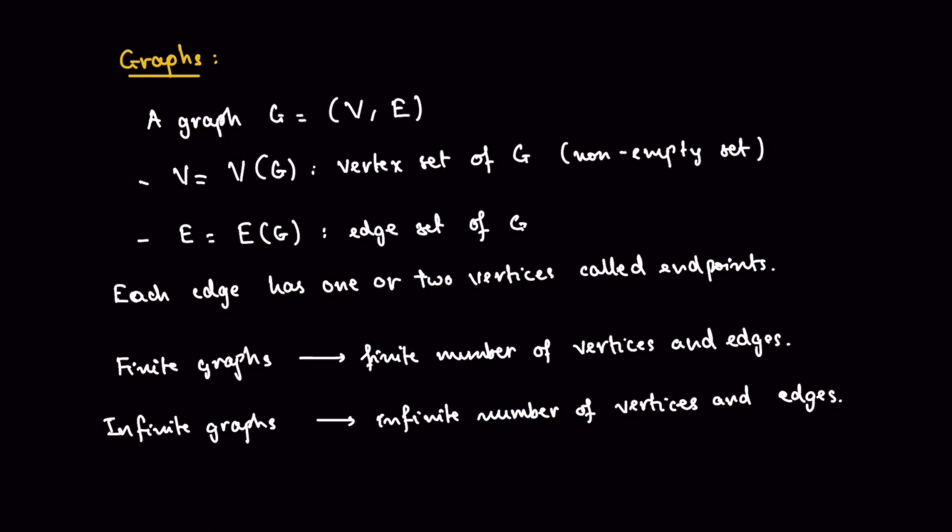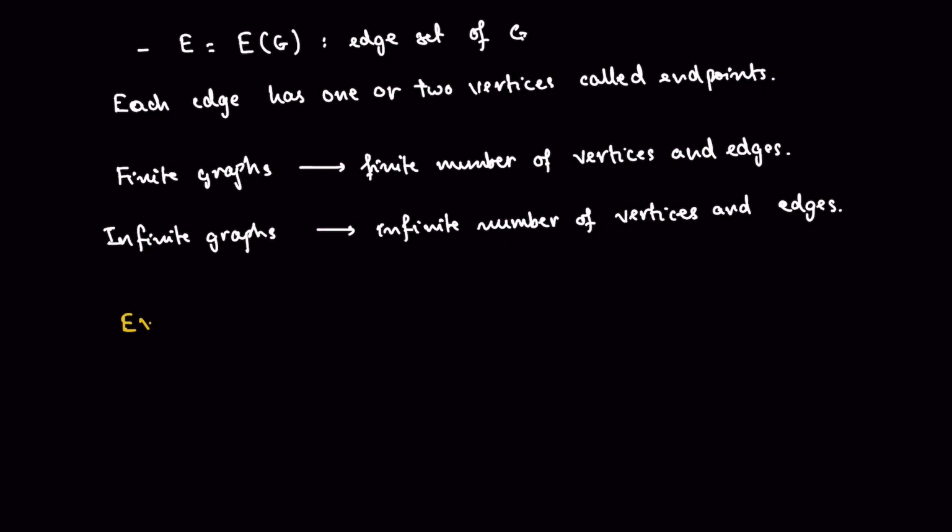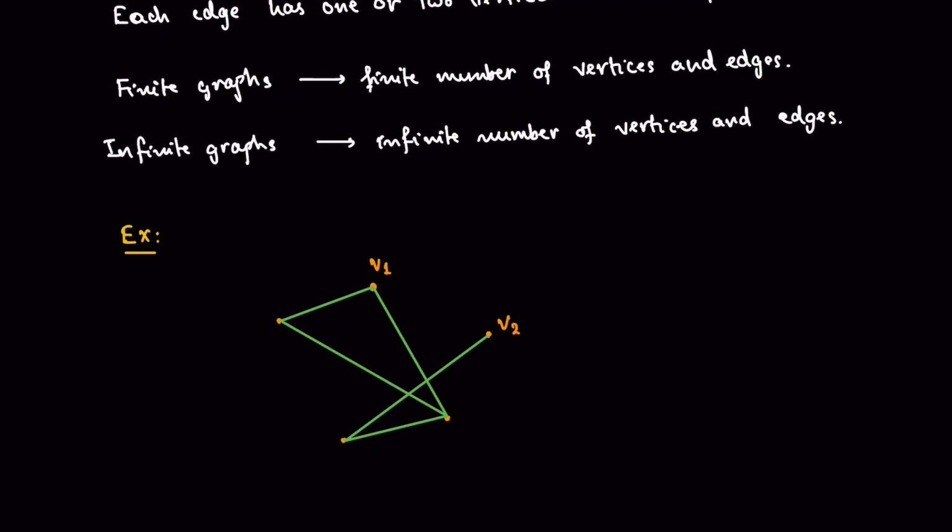Now let's consider the following graph. In this graph, you see that there are vertices called V1, V2, V3, V4, and V5, and there are some edges in green connecting two vertices together.